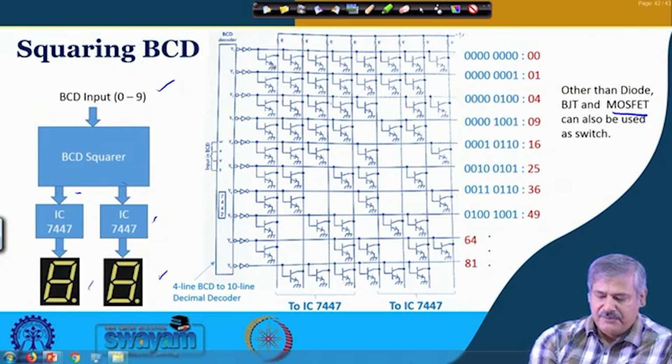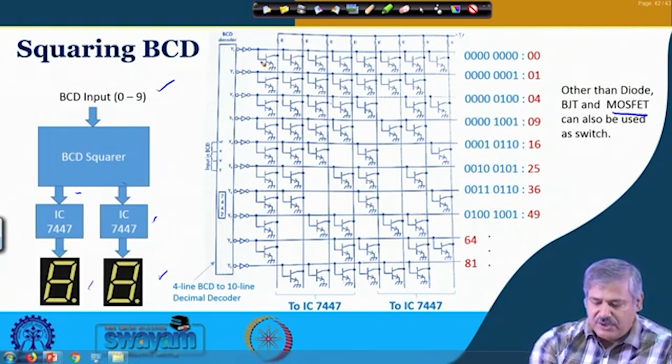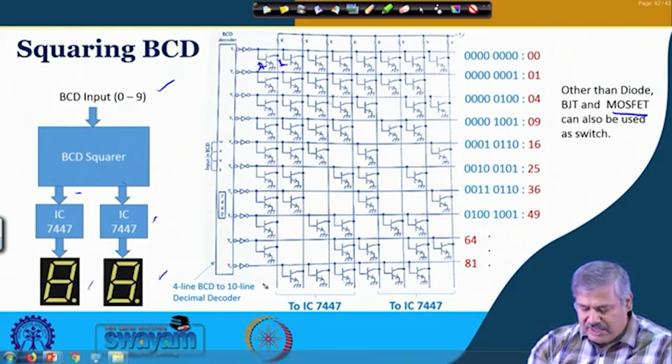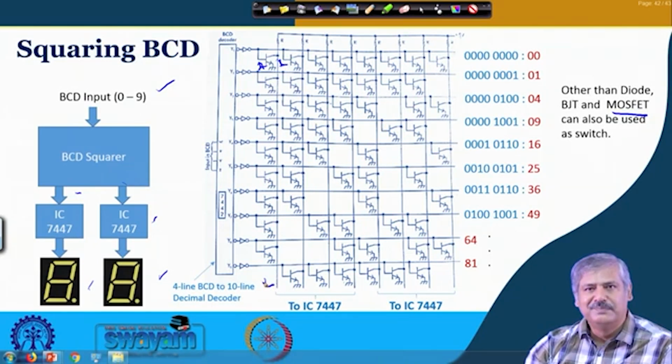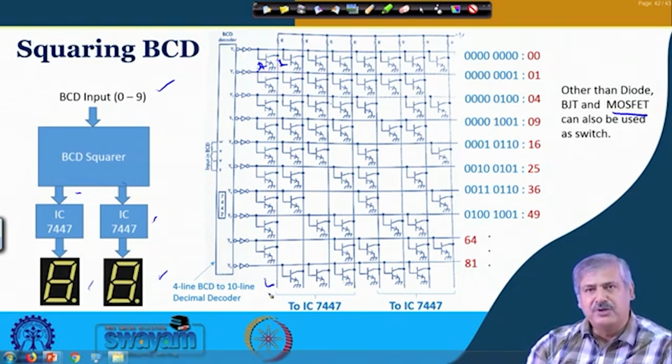Please understand the difference between what we had seen before and this one. If this is on, this is high, then this transistor will be put to saturation, with a very low voltage of 0.1 or 0.2 volt. So, the voltage here will be low, and whatever you are reading here will be low. Is it all right? Clear? So, the voltage at the input of the transistor makes the output low at the cross point.